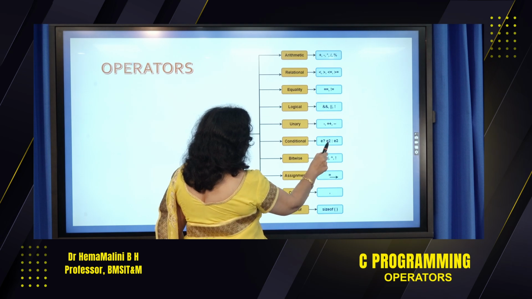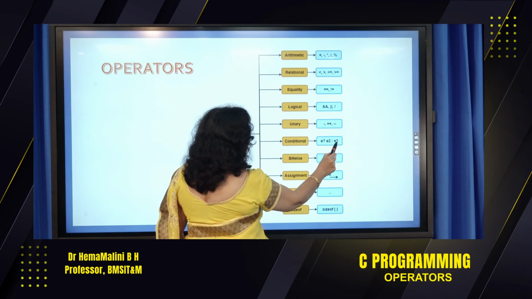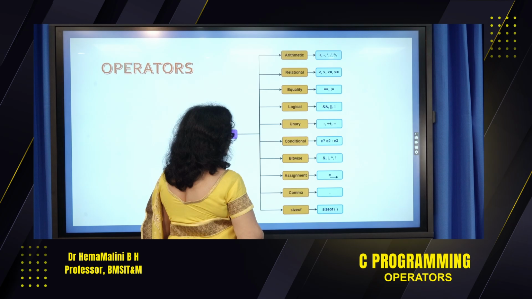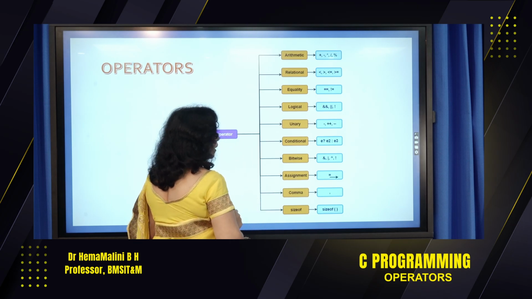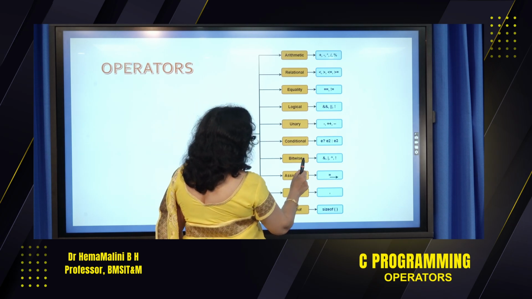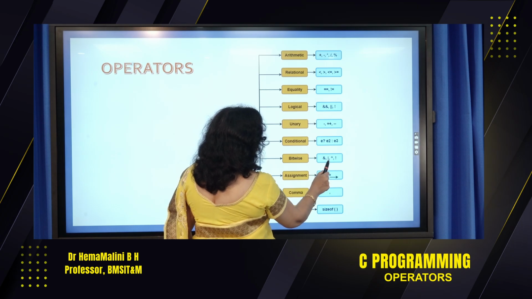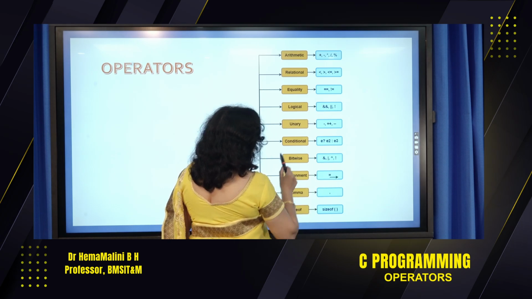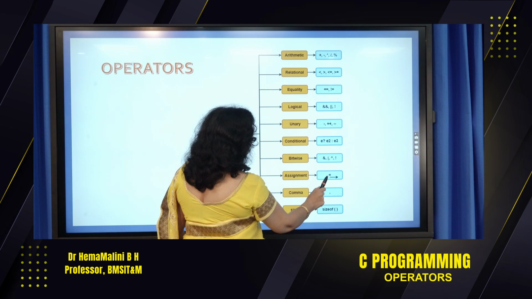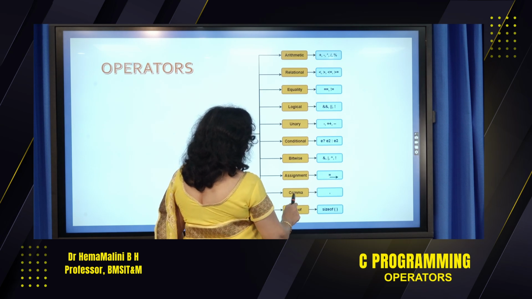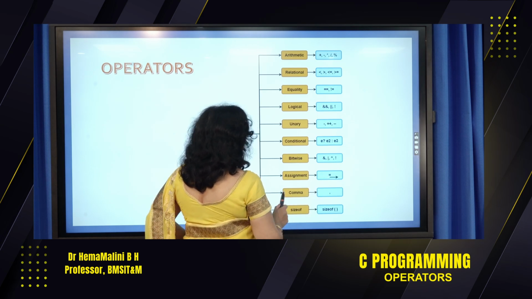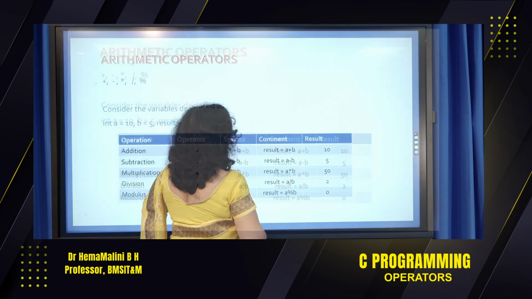If this is true, this is the true alternative, else this is the false alternative. Then we have bitwise operators. In bitwise we have and, or, XOR, not. Assignment operator is equals. Comma operator, then we have the sizeof operator.